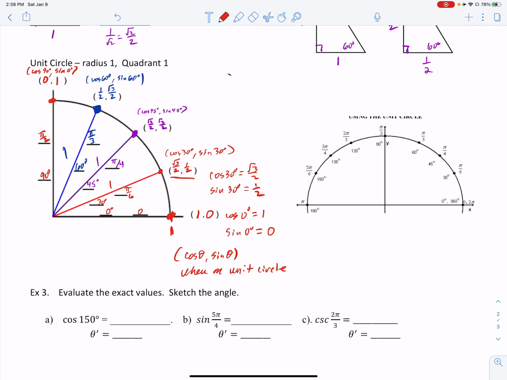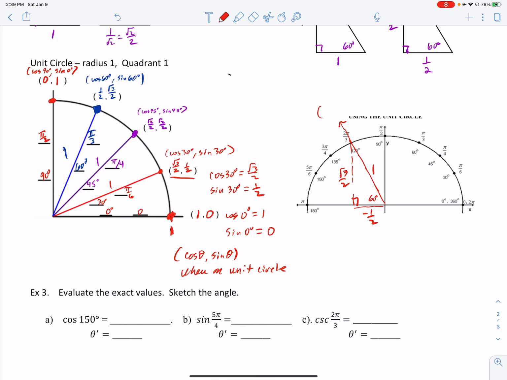In quadrant 2, if I rotate so that my terminal side goes to 2 pi thirds, if I drop an altitude, this reference angle is 60 degrees. So this will be my short leg, but I'm going to the left, so it'll be negative, and my long leg is root 3 over 2 because the hypotenuse is 1.